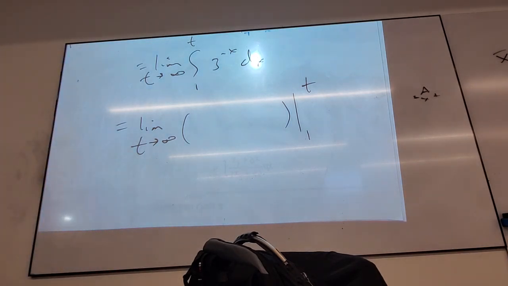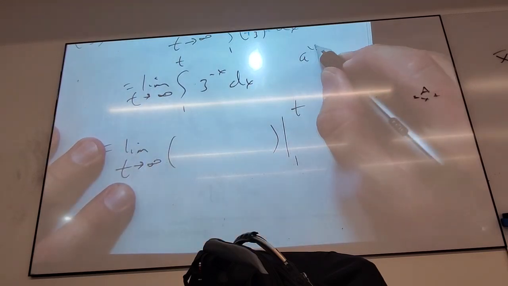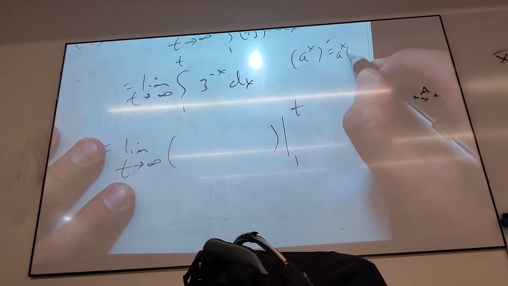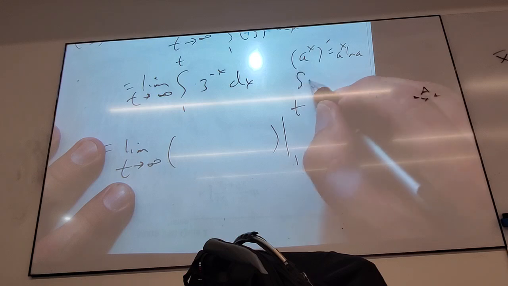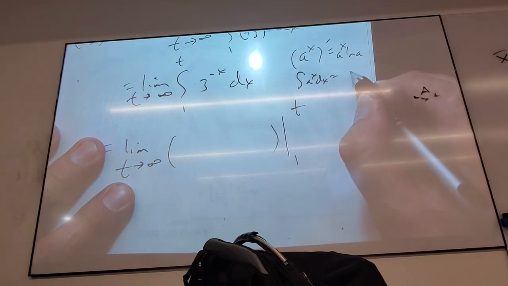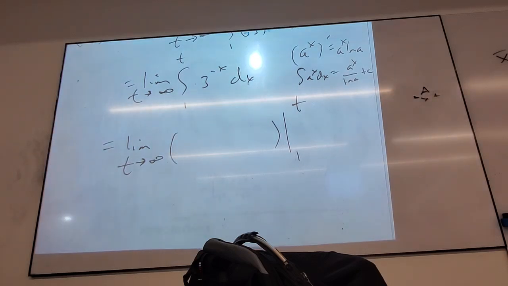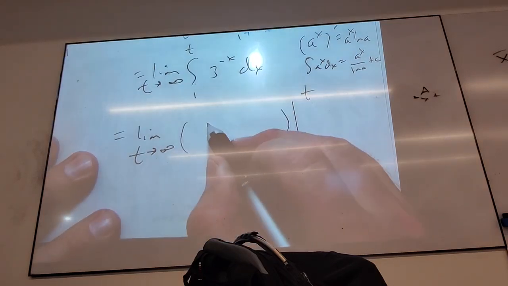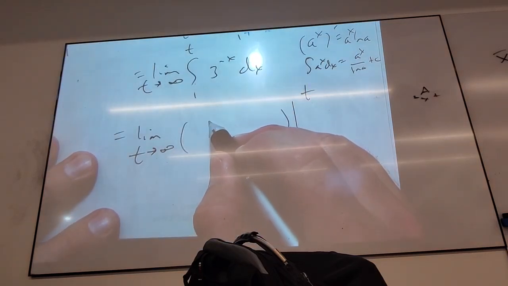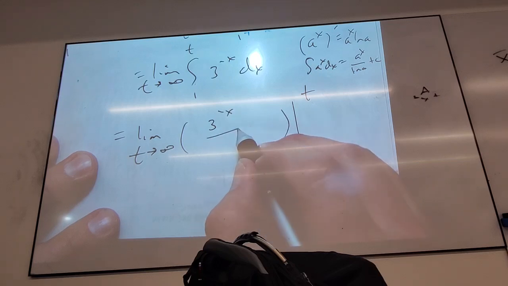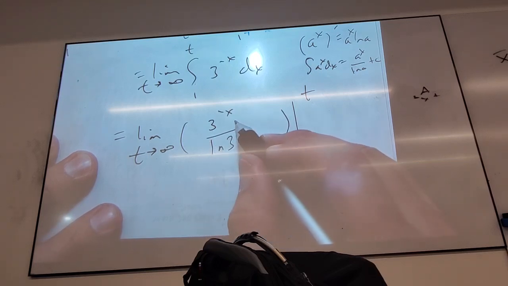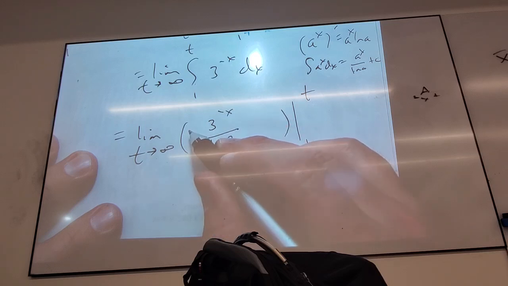So real quick, if the derivative of a to the x is a to the x natural log of a, what's the integral of a to the x? Yes! Just the opposite. So this would be 3 to the negative x divided by. We have one more thing to take care of because this derivative would have a negative pop out, yes?